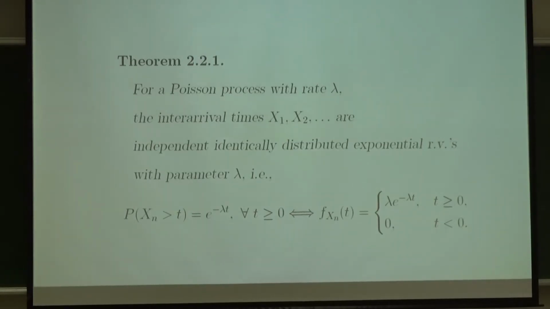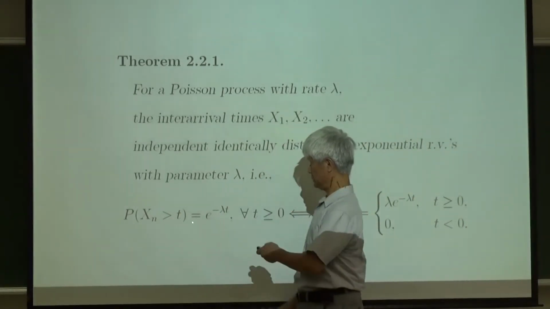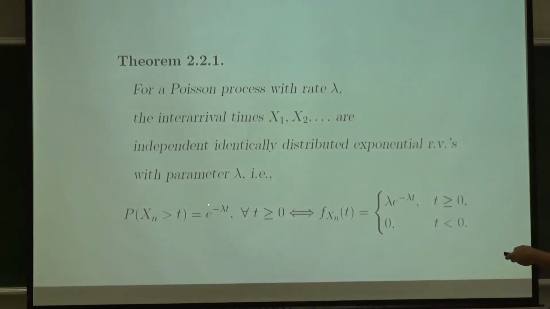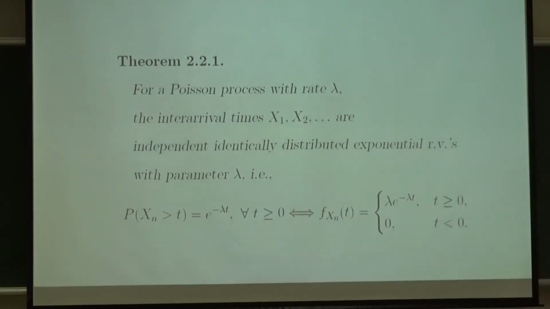So x1, x2 are all independent and identically distributed, so they are IID. Furthermore, they are exponentially distributed with parameter lambda. That means that for each xm, the probability that xm is greater than t is e to the minus lambda t. So the interval time has a probability density function, a density for all t greater than or equal to 0, and it's 0 for t less than 0, because an interval time is a non-negative value.